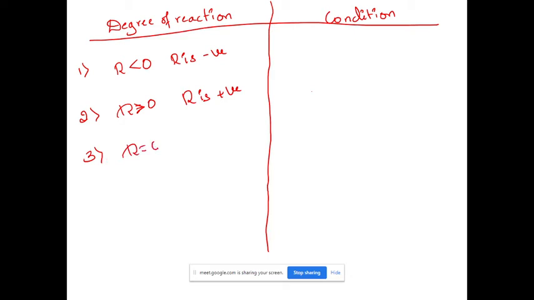Third, r equals 0, that is, no degree of reaction, the impulse turbine. At that time, what is the condition? You just make a note of it. And then r equals 1 and r equals 0.5. These are the 5 conditions we are discussing in this session.